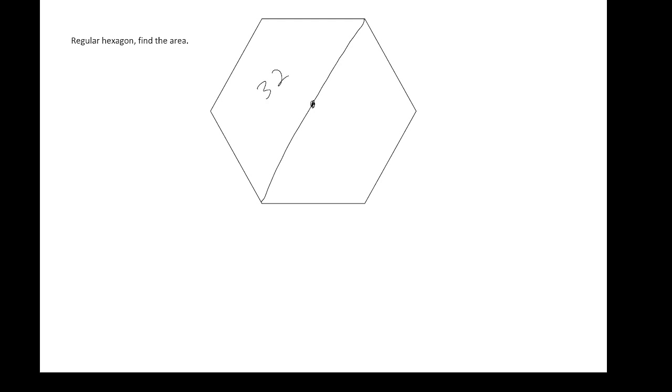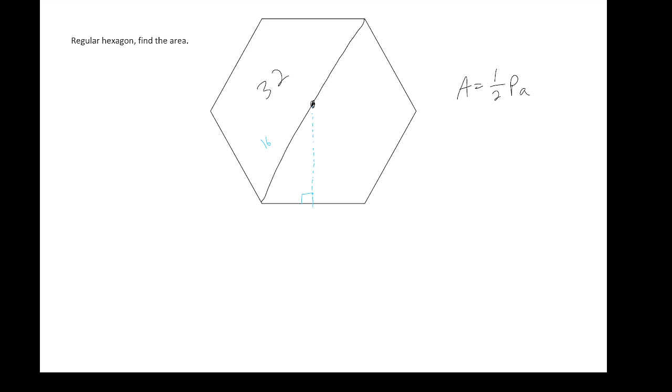All right? So, remember, my area is equal to 1/2 of my perimeter times my apothem. Now, if that's the case, here I have 16. Well, the entire thing is 32. Take this length right here and see if we can figure out more about this.